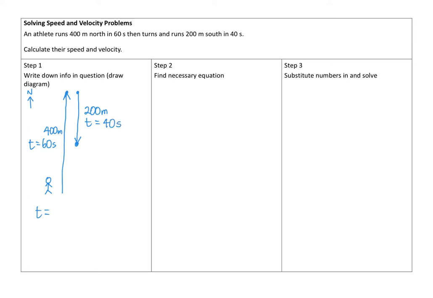So the total time is equal to 60 plus 40 equals 100 seconds. And the total distance in this case is equal to 400 plus 200, which is equal to 600 metres.